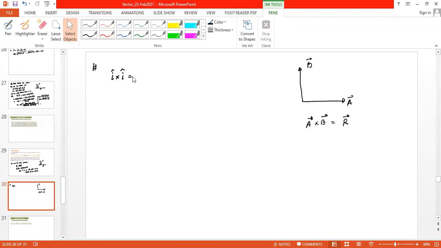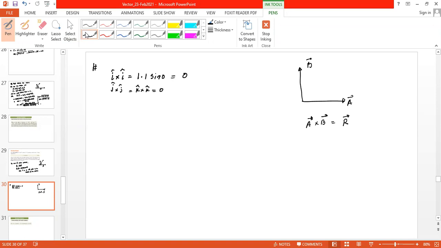So I cross I is 1 multiplied by 1, and the sine of the angle between two identical vectors is 0. That is equal to 0. Same again, j cross j equal to 0, and k cross k equal to 0. Right? So if you cross multiply two similar vectors, this will give you 0.